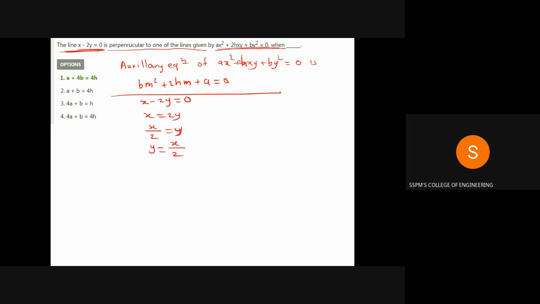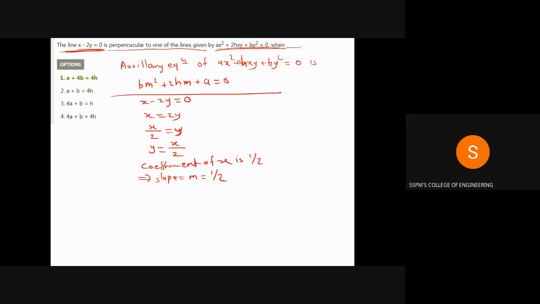So the coefficient of x is 1 by 2, which implies slope m is equal to half.